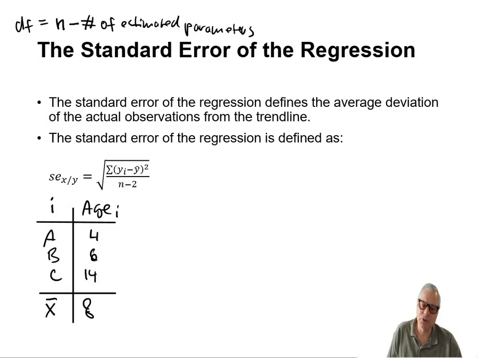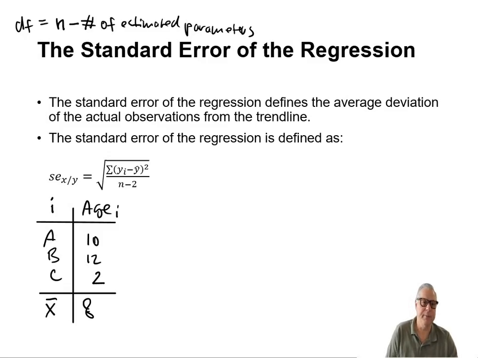So when it comes to the mean, I have 3 minus 1 degrees of freedom. Or alternatively, if I know the first kid is 10 and the second kid is 12, I know that the third kid C must have an age of 2. Otherwise the average won't be 8. So that's basically the logic of the degrees of freedom.